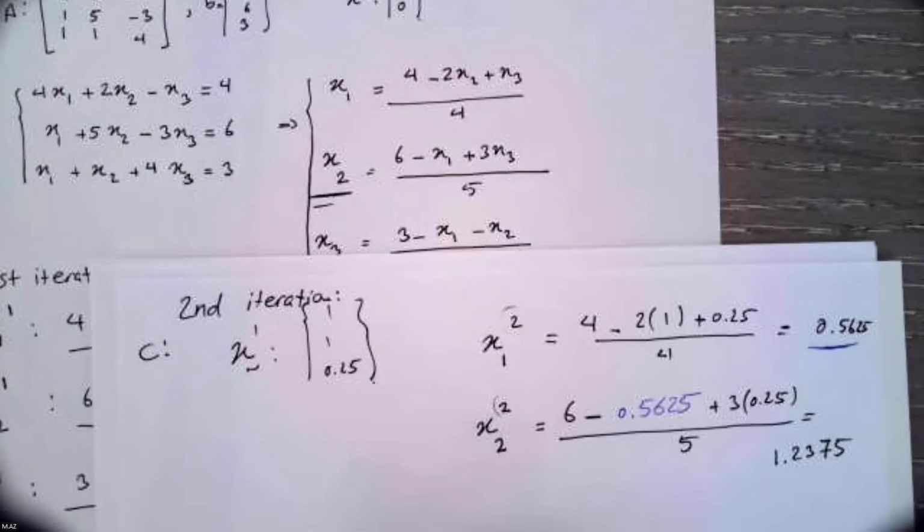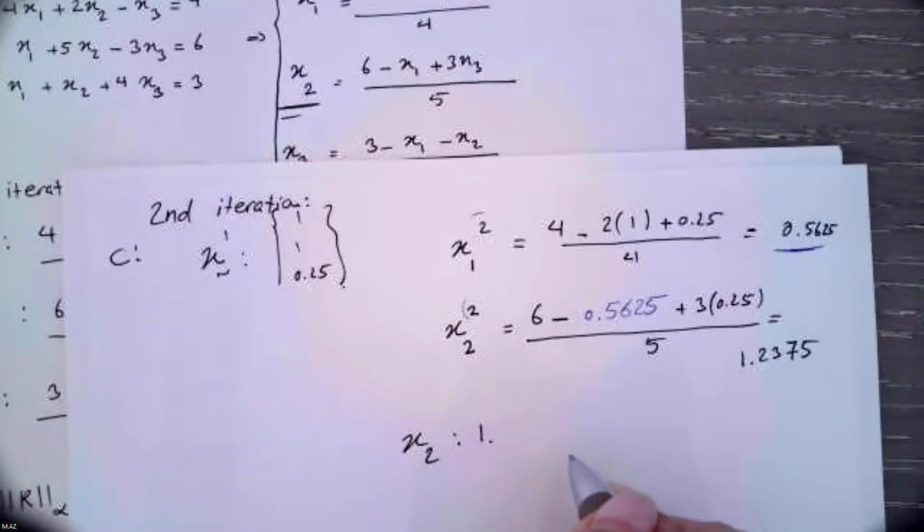This is the value of x2 after the second iteration based on the Gauss-Seidel method.